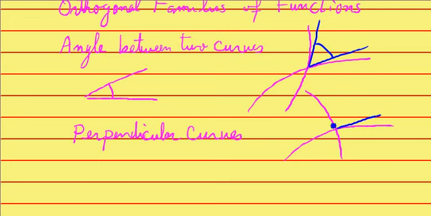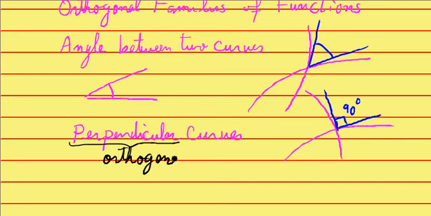So here is one tangent line, here is the tangent line to the other one, and if this is 90 degrees or pi over 2 radians, then we call the two curves perpendicular. Well, mathematicians are fond of making some new names, and here instead of perpendicular, which you know from geometry, we use the word orthogonal. Orthogonal curves are the ones that have an angle of 90 degrees between each other.